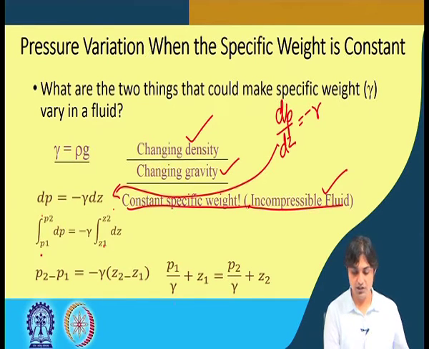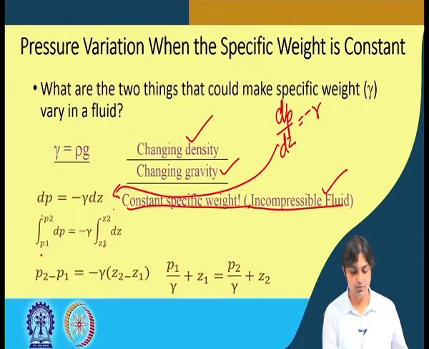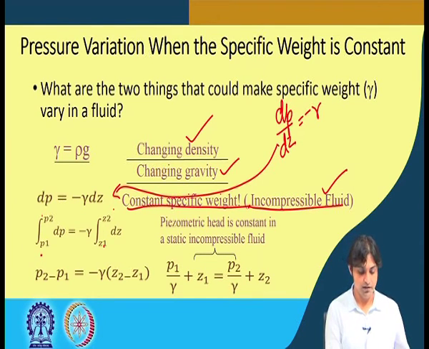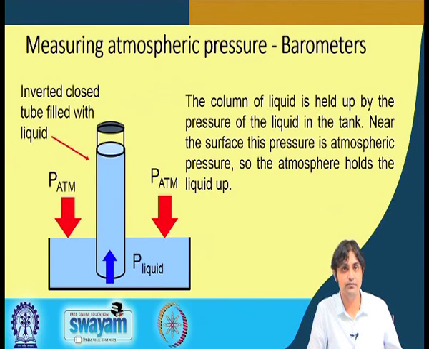Rearranging gives P1 by gamma plus z1 is equal to P2 by gamma plus z2. Great. This is called piezometric head, and this head is constant in a static incompressible fluid. That is one important takeaway from this slide.